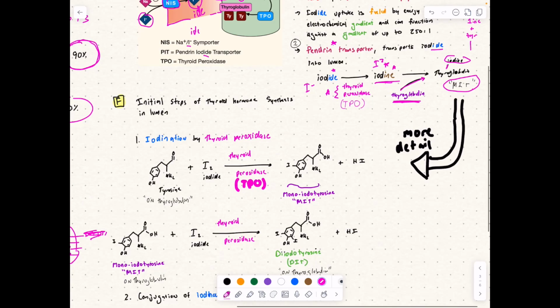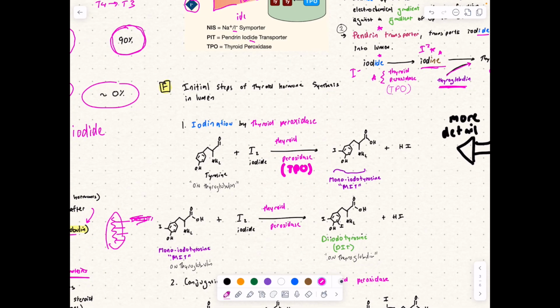And what is that? Well, here's a little bit more detail. So this is connected to a thyroglobulin, and then you're going to have the, sorry, so many typos. This is iodine.